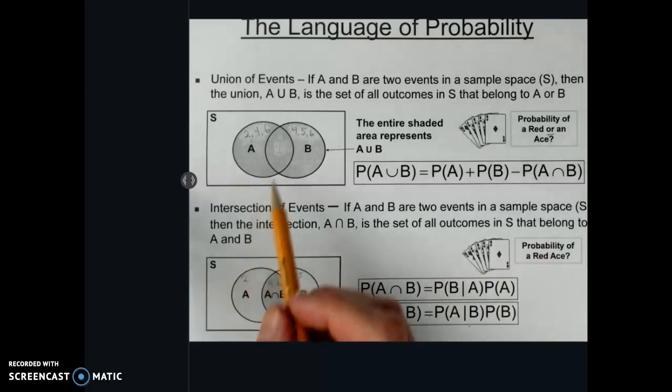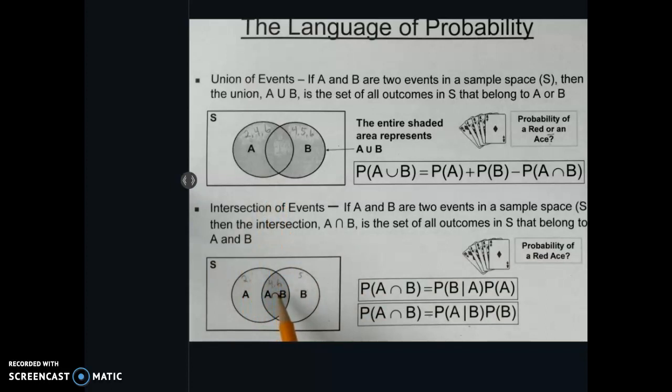Now, these diagrams are known as Venn diagrams, and they're helpful to give us a visual aid of what's happening, kind of the intuitive perspective.